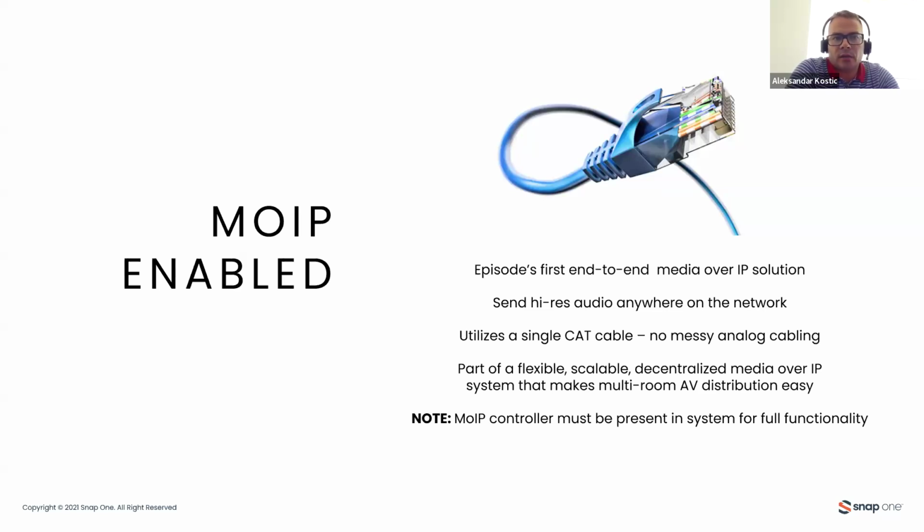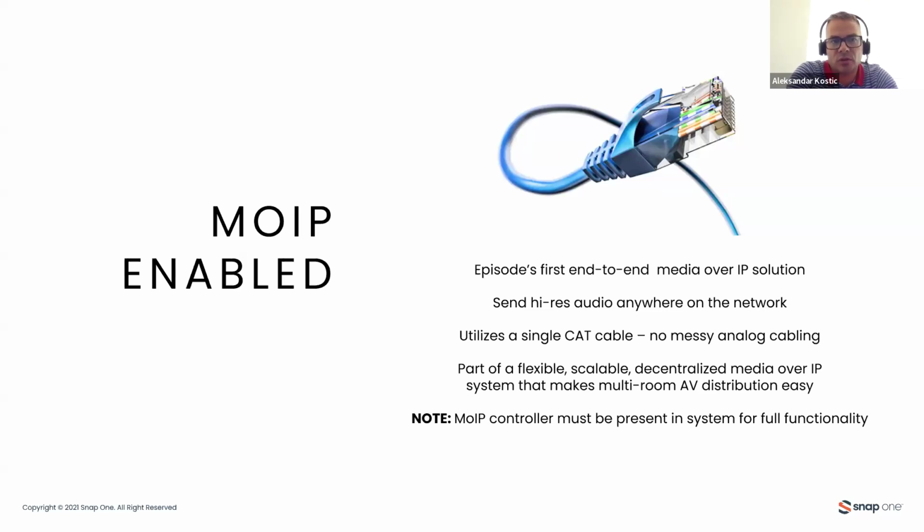Also, like any other MOIP system, it is fully scalable. You can have as many transmitters as you like and as many receivers as you like in the local area network, as long as you don't have any congestion on the network, and as long as it is not utilizing more bandwidth than network switch or in general your local area network can provide. So your only limitation is total throughput you have available.